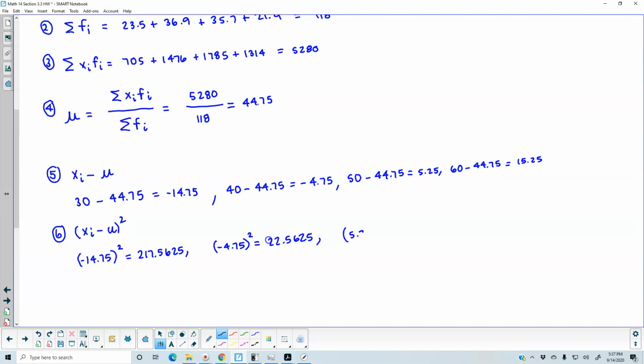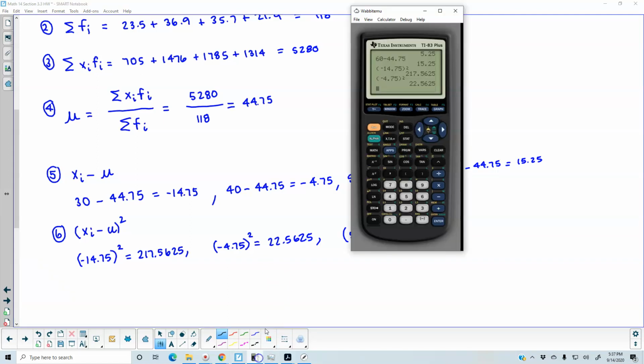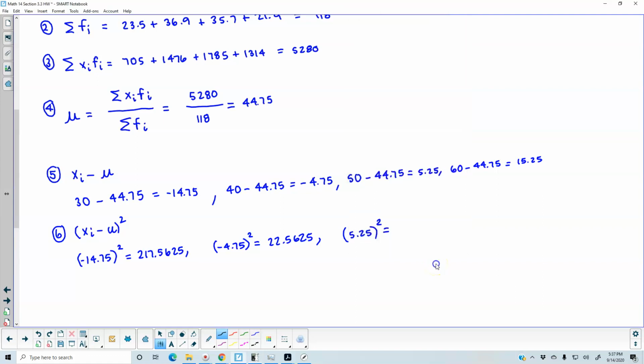And then we're going to take 5.25 and square that. And that gives us 27.5625.